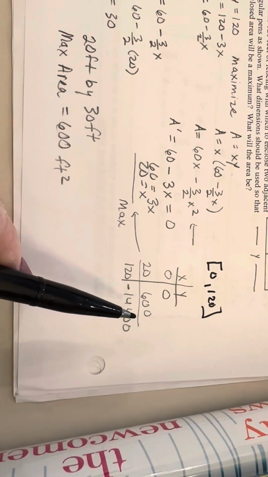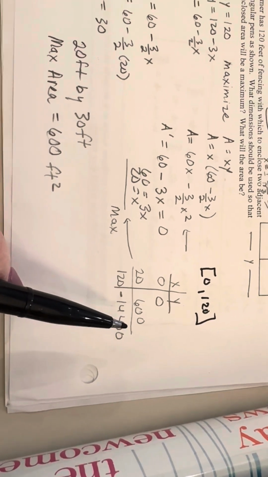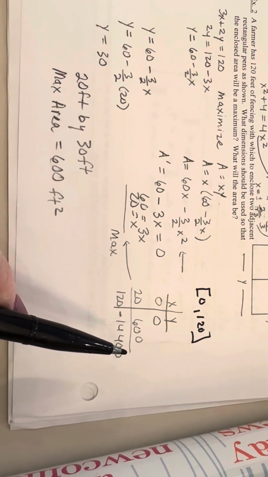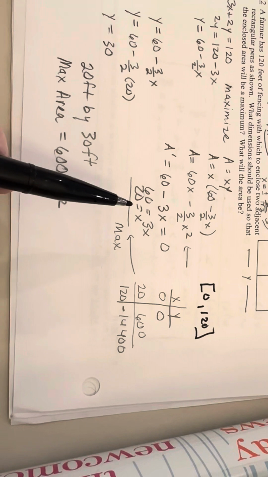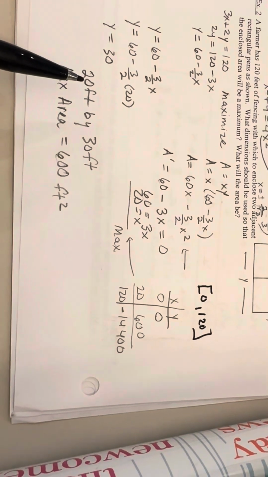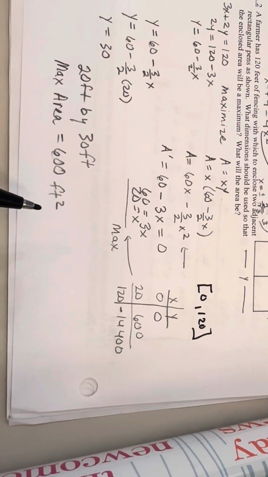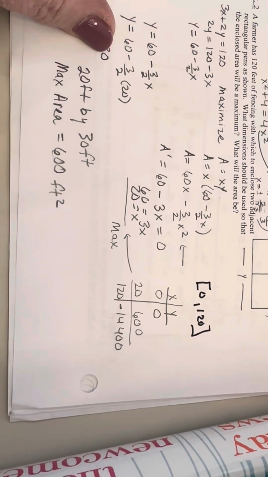And so the area winds up being 600. The question asks us for the dimensions. So once you figure out the x, you can go back and plug in and get y and write your answer clearly. 20 by 30 feet and maximum area is 600 square feet. Be careful with the units, okay? All right, so there's that one.